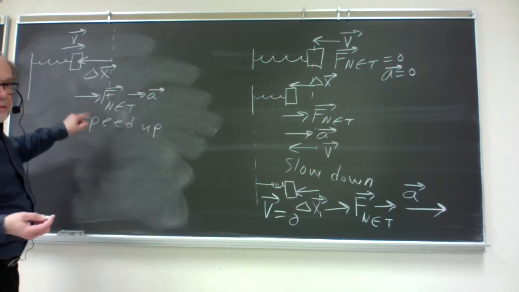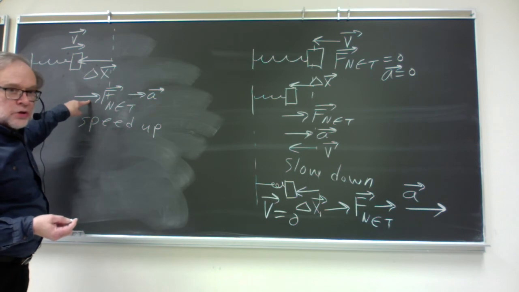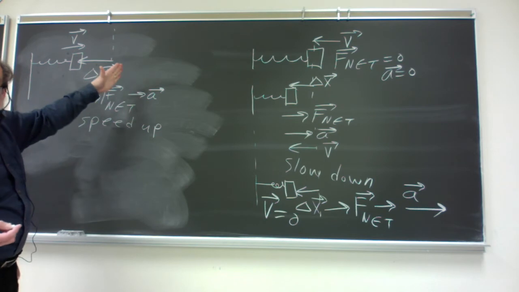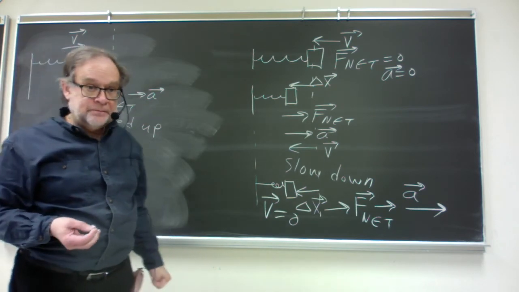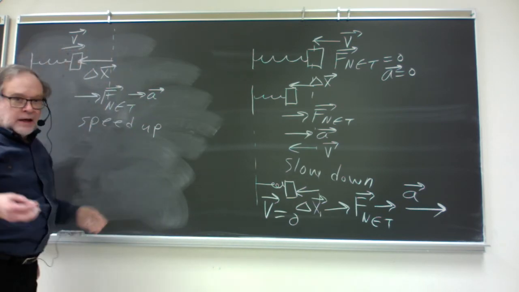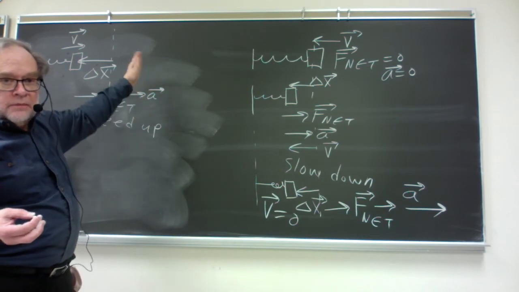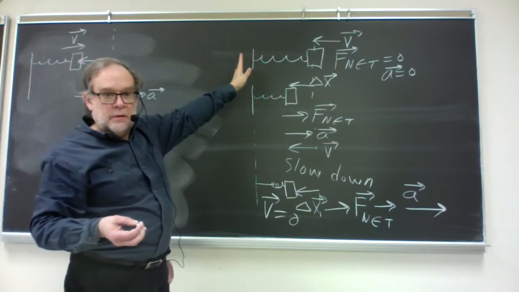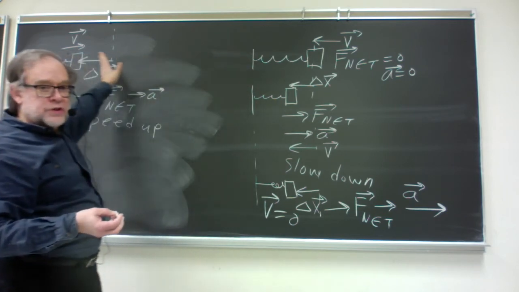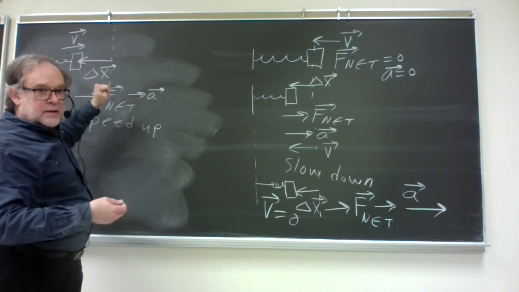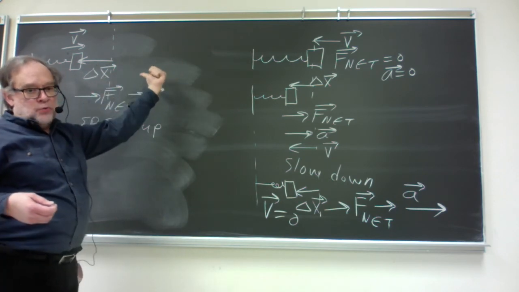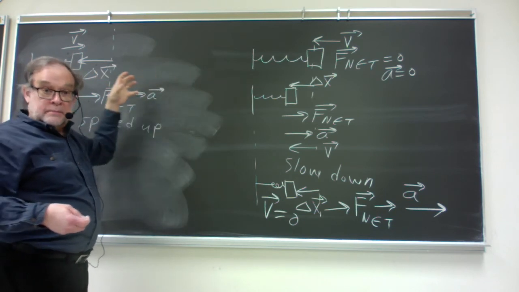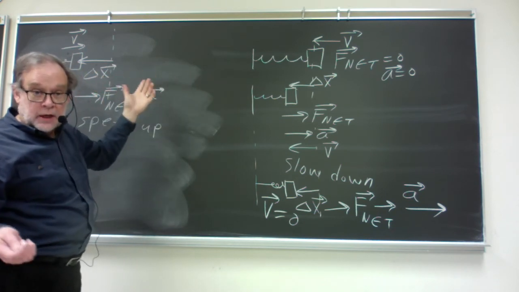Once again, we see the net force pointing towards equilibrium, trying to push the mass back towards equilibrium. And just as we saw in the first part of this cycle, way back when the mass was on the right and moving towards equilibrium, back then, as the mass moved towards equilibrium, it had a net force pulling it back towards equilibrium, so it was speeding up.